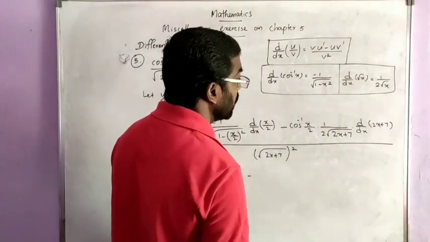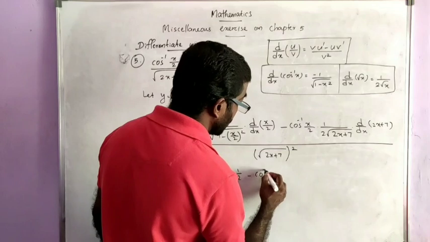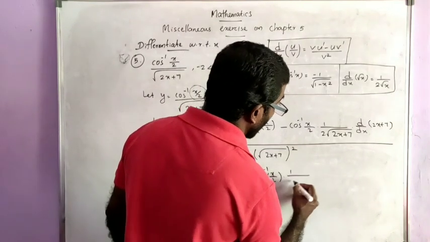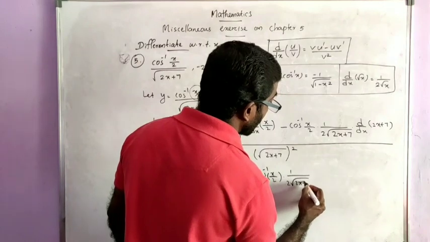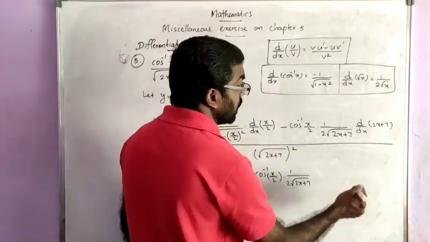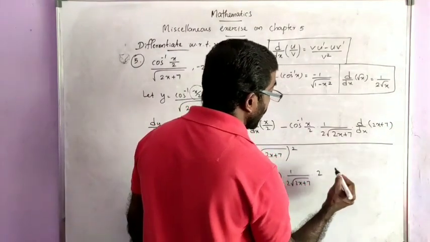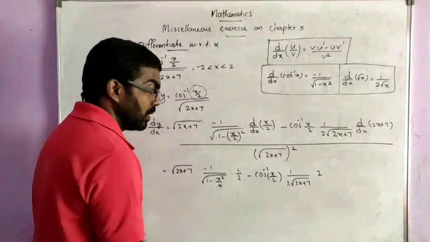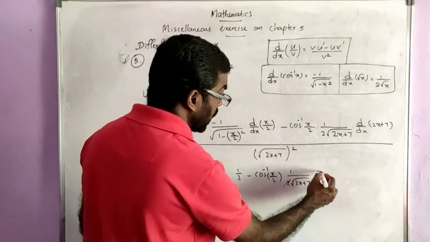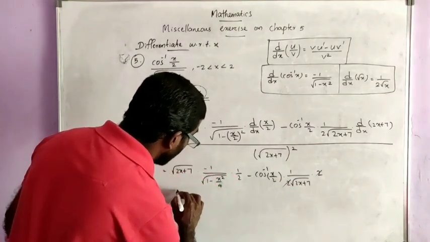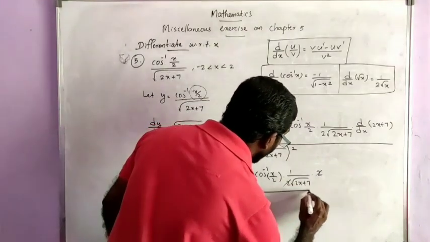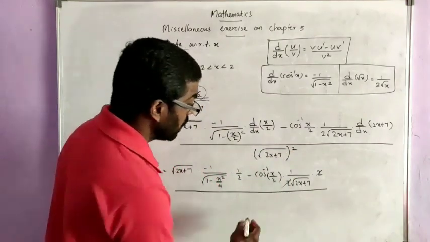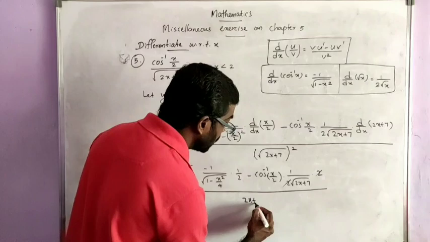Then minus cos inverse x by 2 into 1 by 2 root of 2x plus 7, then into derivative of 2x is 2 and derivative of 7 is what? 0. 7 is a constant, so it is 0. Now here we can cancel 2 and 2, and this much term the whole divided by root of 2x plus 7 the whole square, that means 2x plus 7.